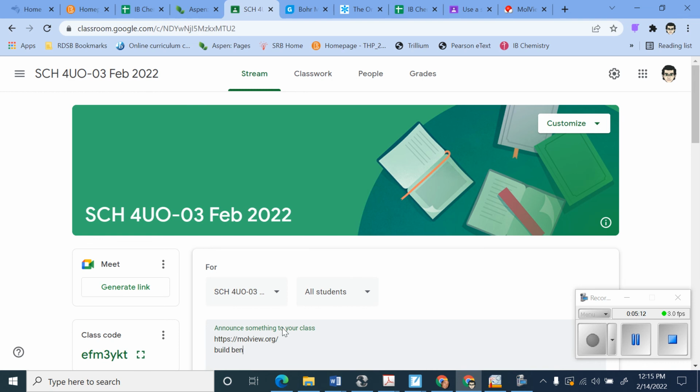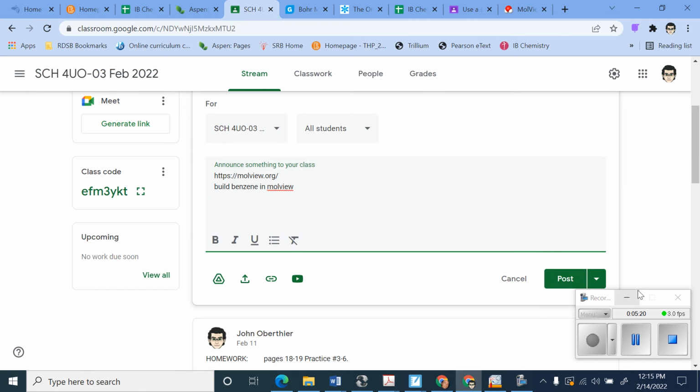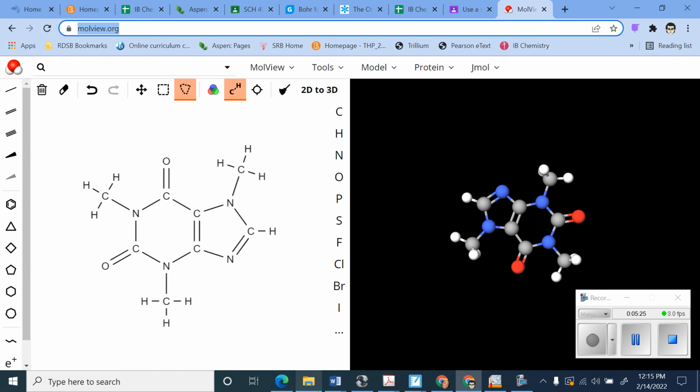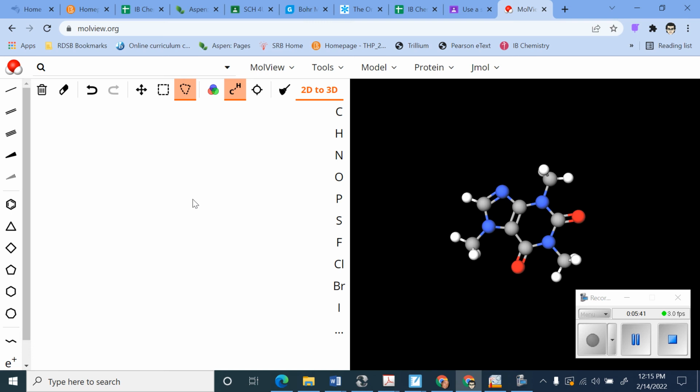MolView always has a default compound when you open it up, and that default compound is caffeine. That's the caffeine molecule. I'll just erase that. Benzene actually has its own little button, so I can just click it there.